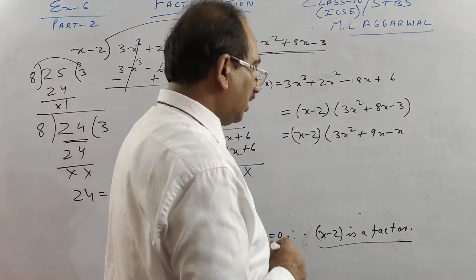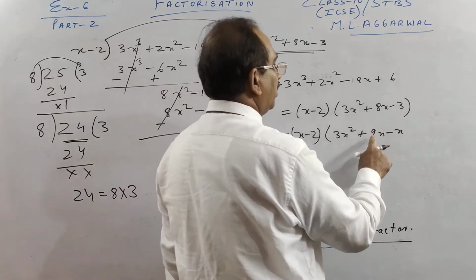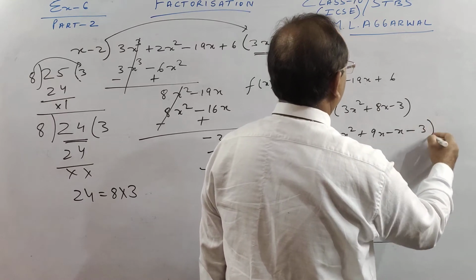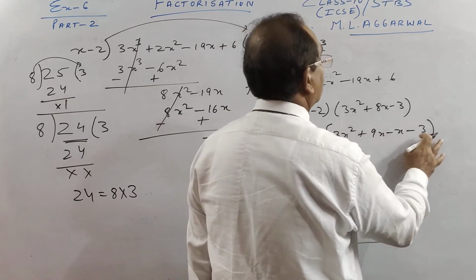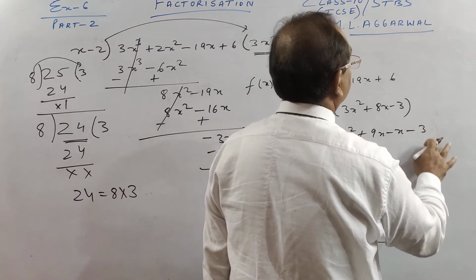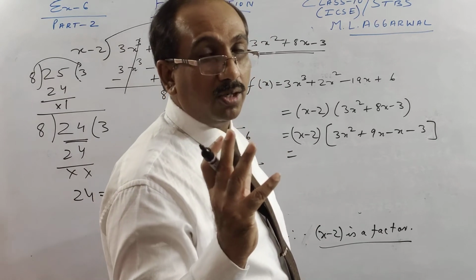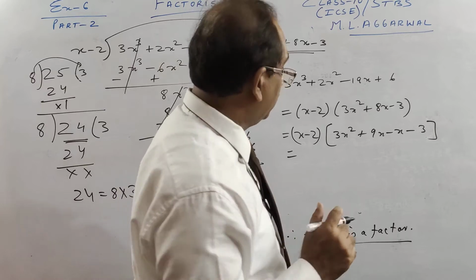So you see, children, 19 can be broken as plus 18 minus 1x. So this, I think you have already learnt in quadratic equation in class 10, and in class 9 you had breaking the trinomial in the factorization chapter, where breaking the middle term, what we call.